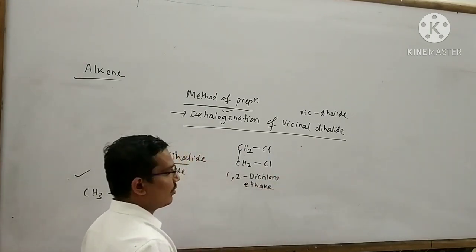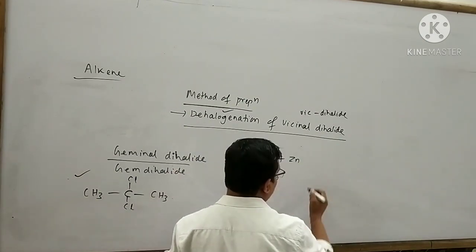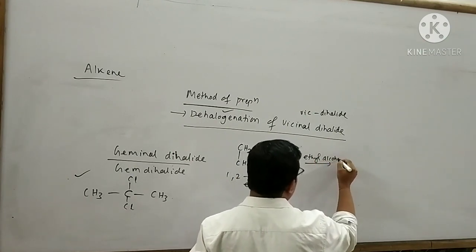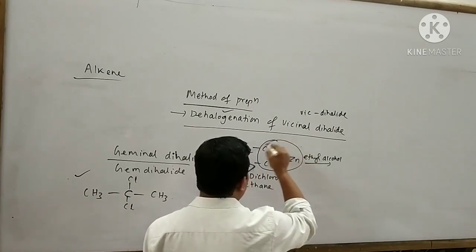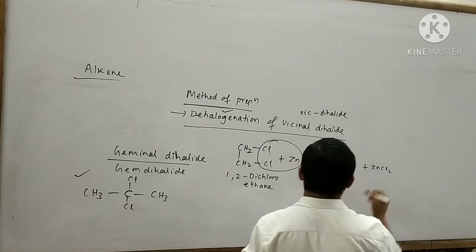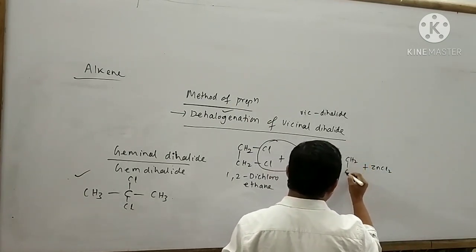When 1,2-dichloroethane is subjected to reaction with zinc dust in the presence of ethyl alcohol, then what will happen? There is removal of zinc chloride as a byproduct, and the remaining part is CH2-CH2.